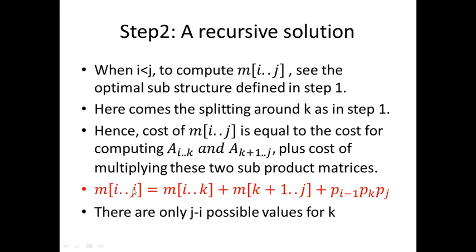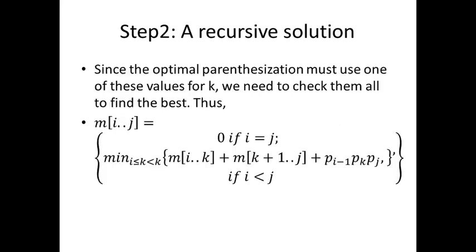That means j is not a choice. Why is j not a choice? If the chain of matrices is A1 to A4, then after A4 there are no remaining matrices to be multiplied. Therefore your splitting value ranges from 1 to 3, not 4. Therefore only j minus i possible values.